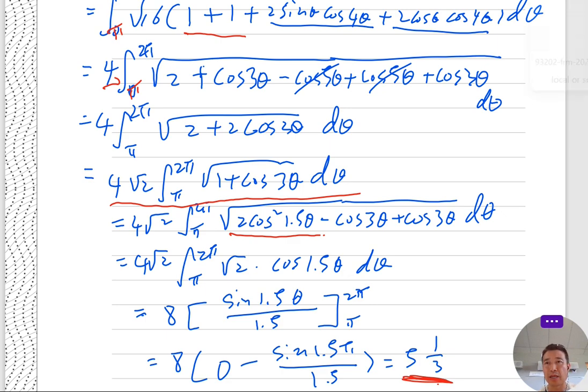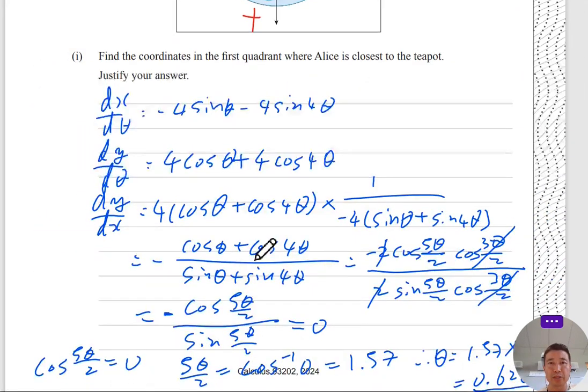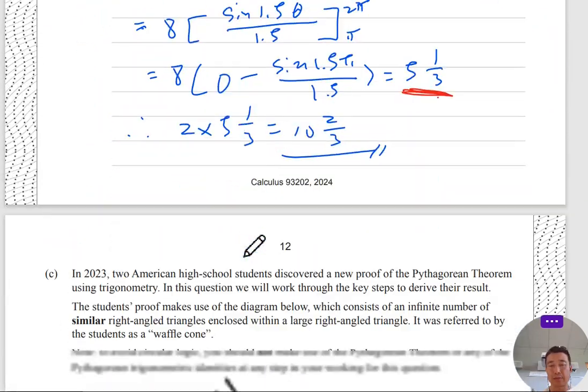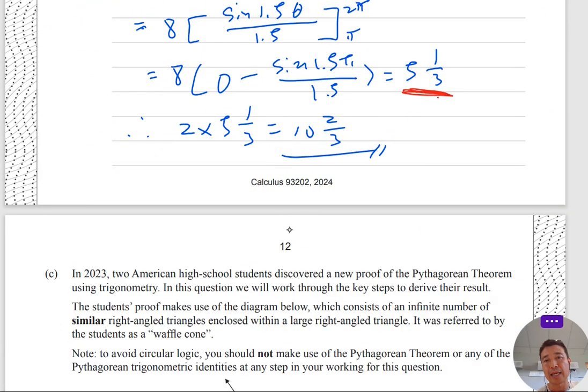Because they are equivalent, that's how much length it goes one way, a 5 and 1/3. The other side must be 5 and 1/3 as well. So you double it to find the total length, which is 10 and 2/3, and that should be the answer.